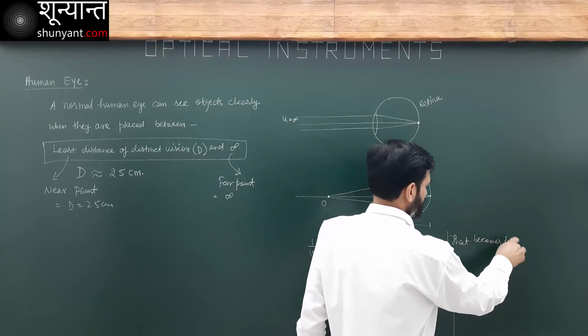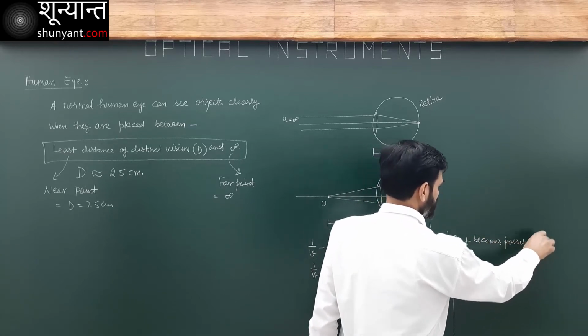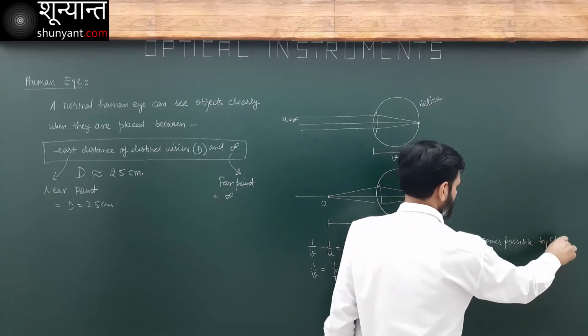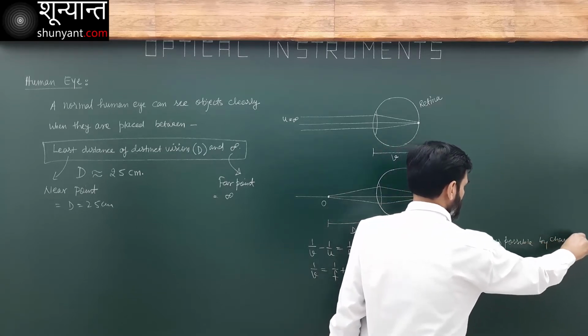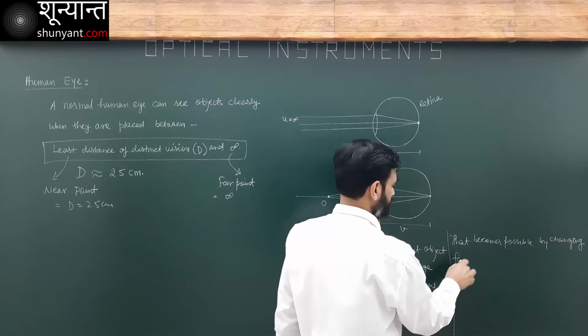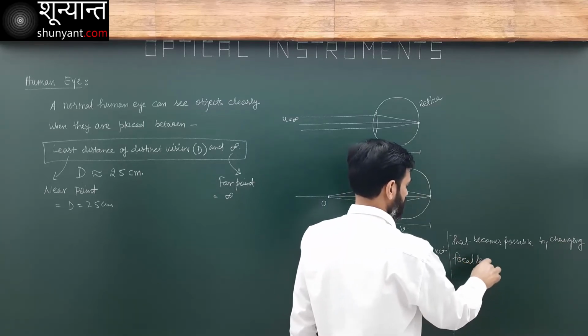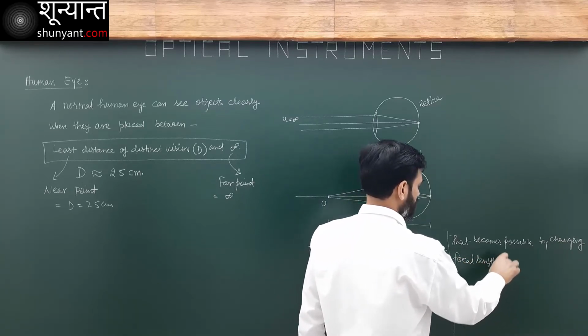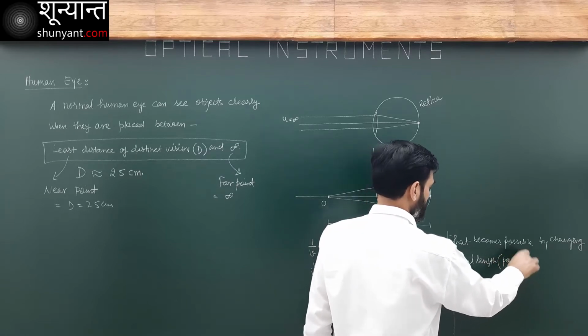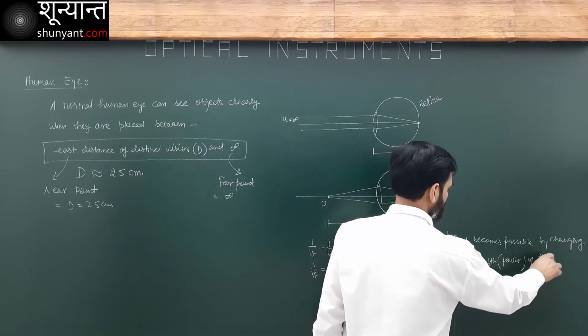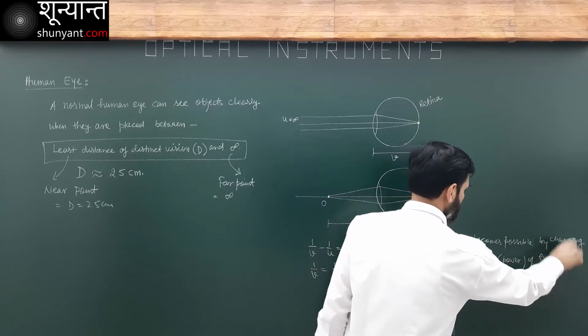That becomes possible by changing the focal length or power of the eye lens.